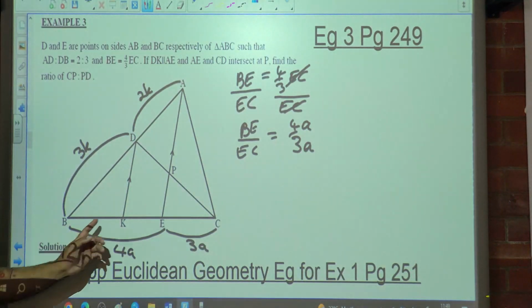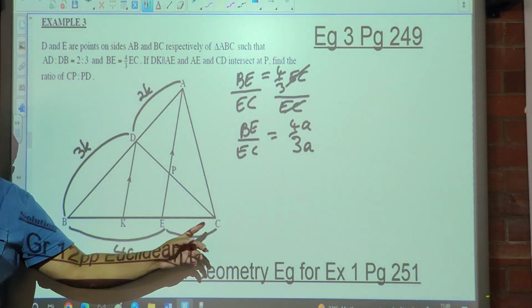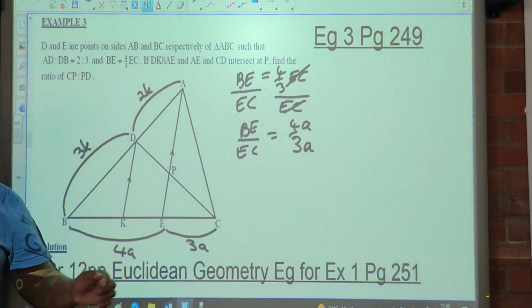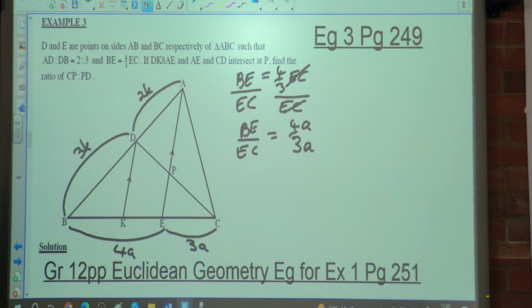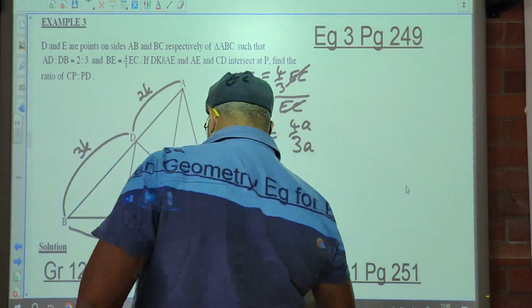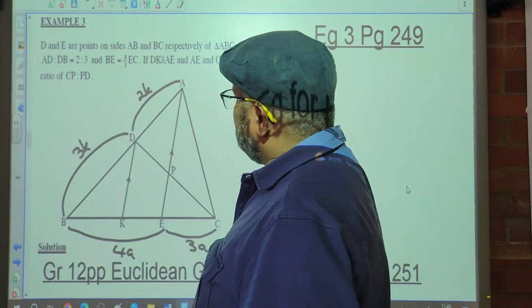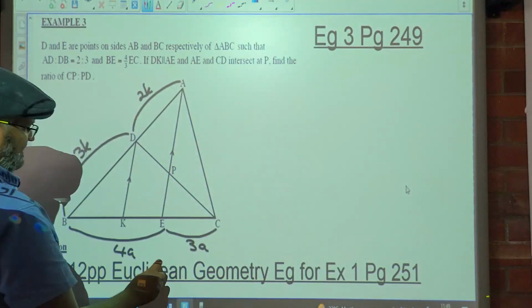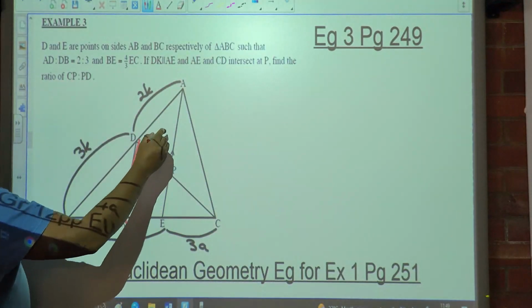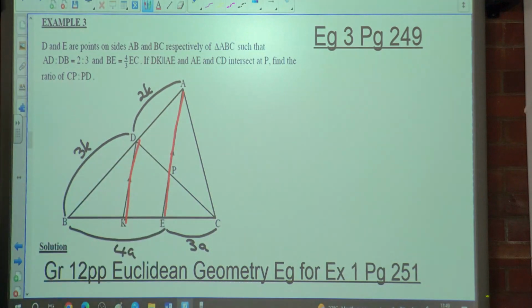So what's the length of BC in terms of A? BC is 7A. Then the question says DK is parallel to AE. People, with that being parallel, what can we say?